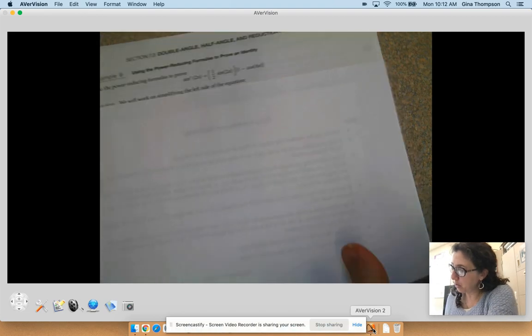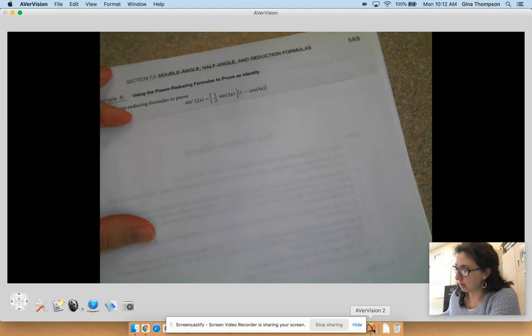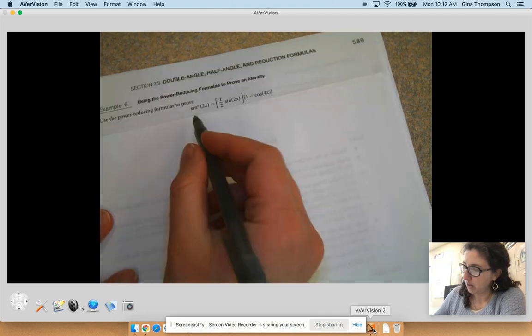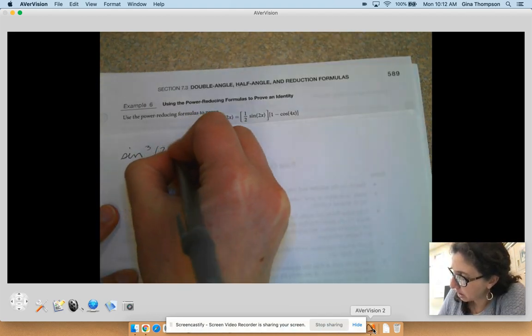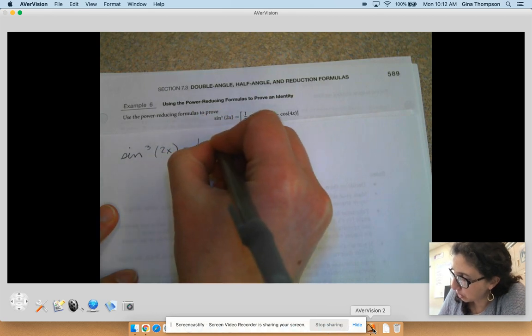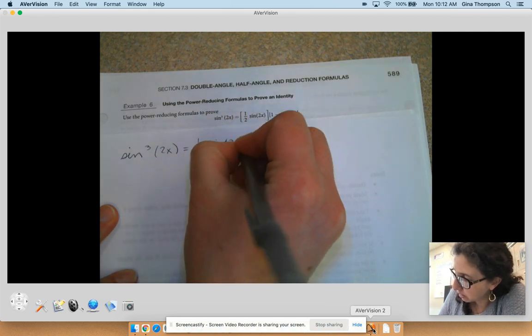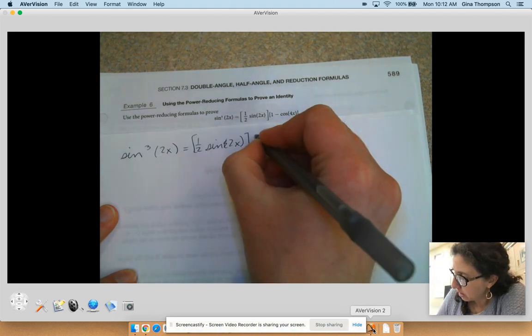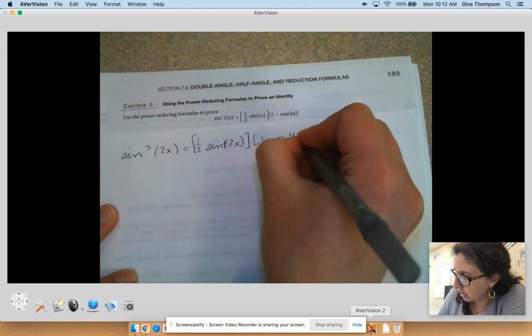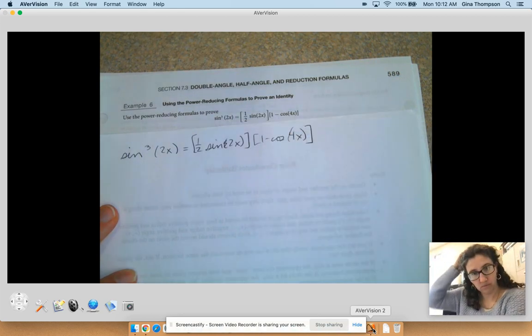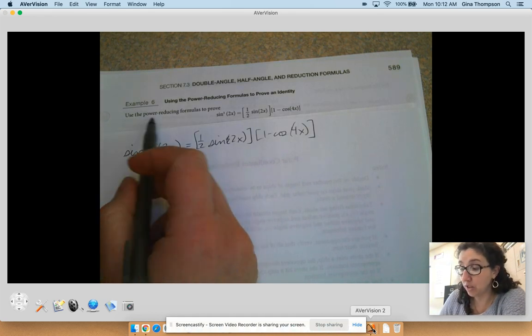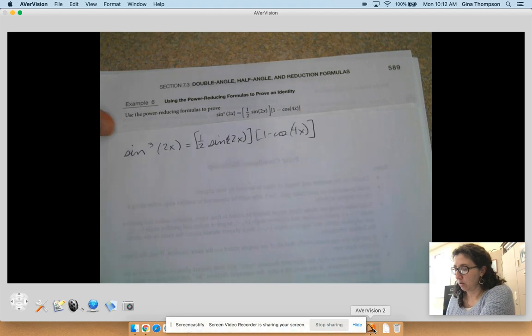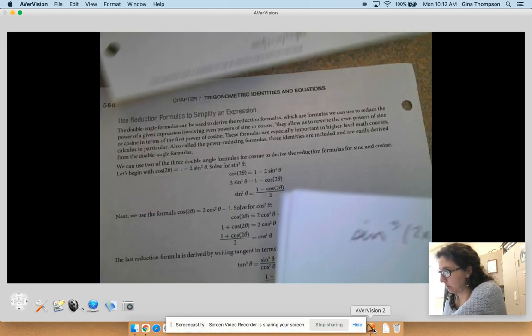Use the power reducing formulas to prove this. They want us to prove that sine cubed of 2x equals 1/2 sine of 2x times 1 minus cosine of 4x. How can I do this? They tell us to use the power reducing formula, so let's go back to that.